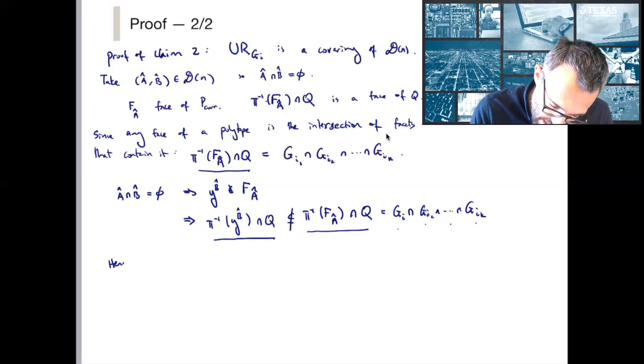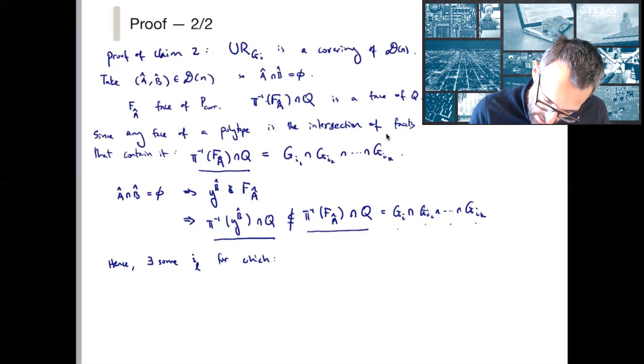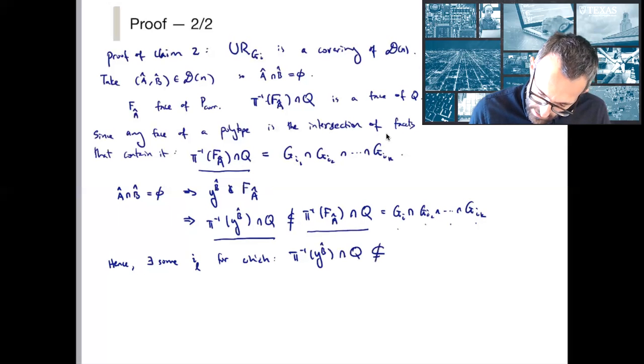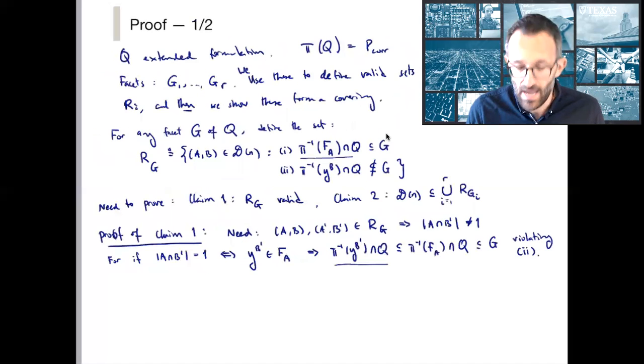So hence, there exists some index, IL, for which pi inverse of YB hat intersect Q is not fully contained in this GIL. And just flipping back, you'll note that this is exactly condition 2.